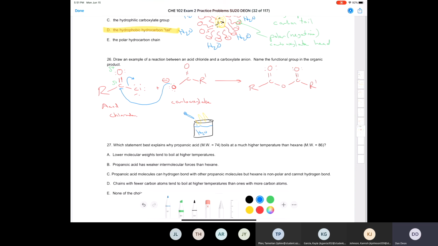A brand new and exciting functional group that's covered in the Carboxylic Acids chapter.